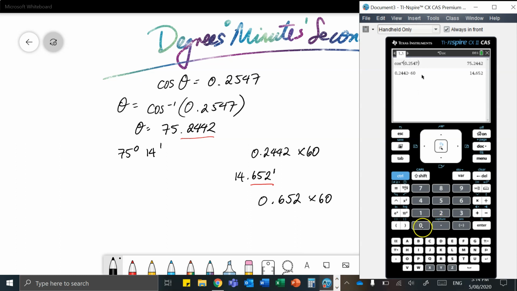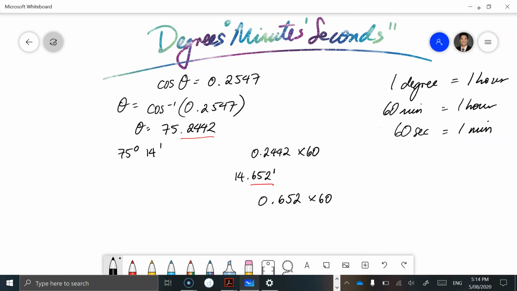Because this decimal is within the minutes, we need to multiply 0.652 by 60 to get the ratio for how many seconds there are. 0.652 times 60 is equal to 39.12 seconds. We'll just make this 39 seconds. So a question might ask you for the nearest degree.